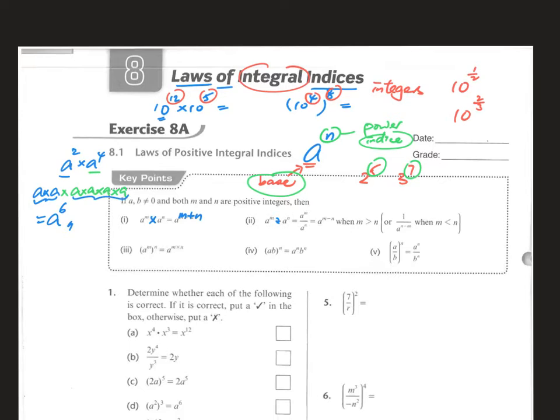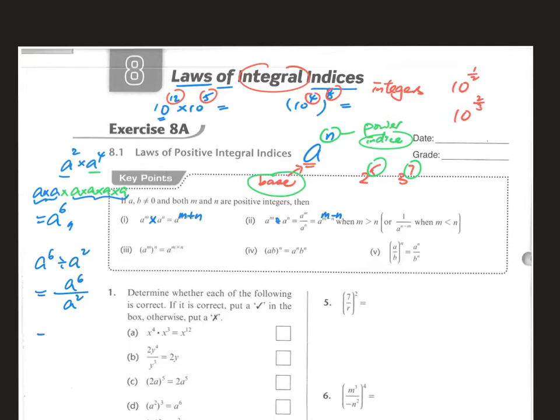Hopefully yes. Next, when we come to division, you will see that it is m minus n. What does that mean? For example, a to the power 6 over a to the power 2. First of all, I like to change division into a fraction because it helps us to understand the idea and read the expression easily.